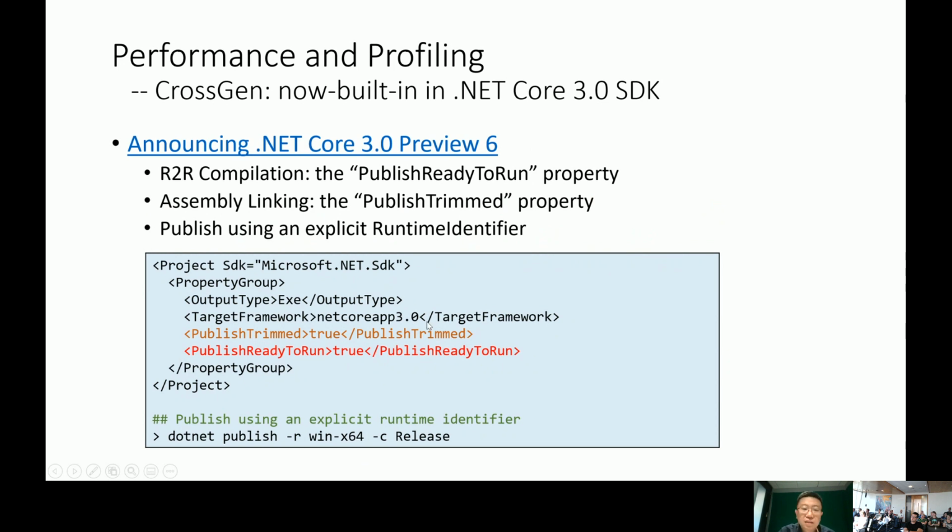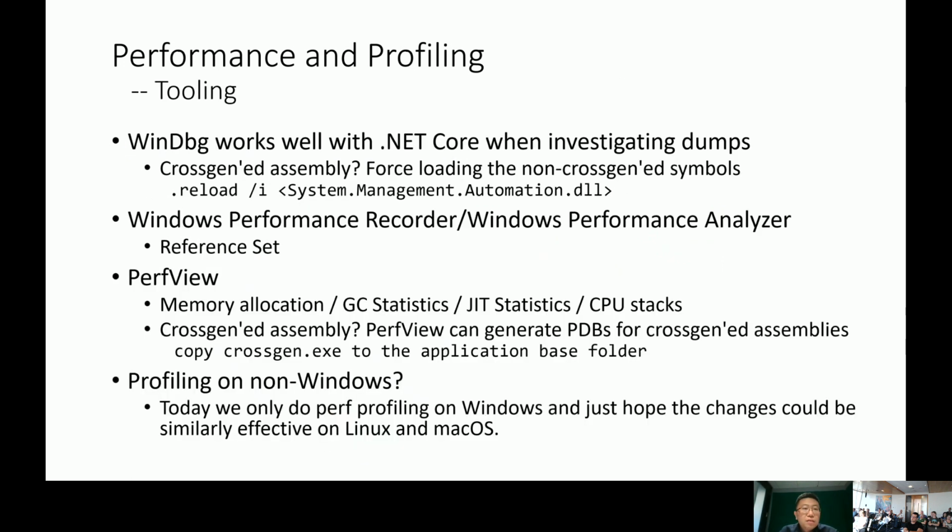And what it does is that if you specify the target runtime for your application and have this set to true, the SDK is able to analyze your IL to find out all the framework assemblies that are not actually needed by your application and remove them for your application. So it can help to reduce your application size. So then it comes to the performance and profiling.